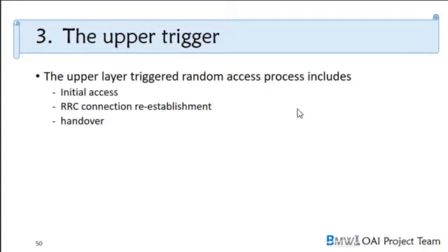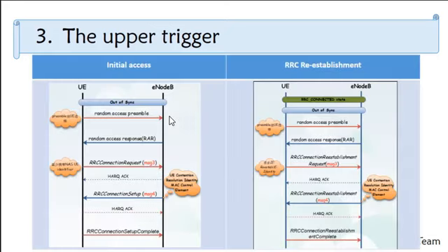And the last one is the upper layer trigger, and you will have these three situations. First is the initial access, then RRC connection reestablishment, and handover.